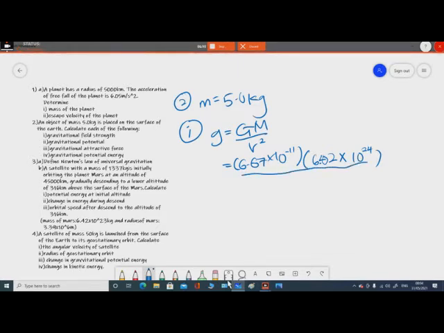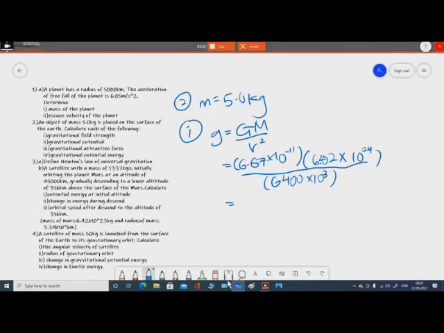The R given is actually 6,400 kilometers, which is times 10 to the power of 3. So the final answer we get is 6.02 times 10 to the power of 24 divided by 6,400 times 10 to the power of 3. How could it be so big here?